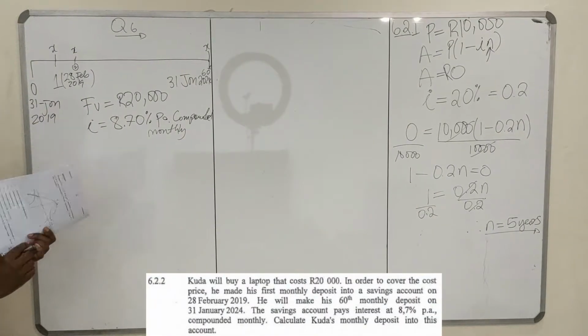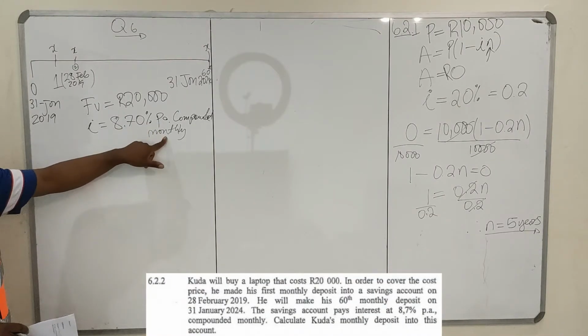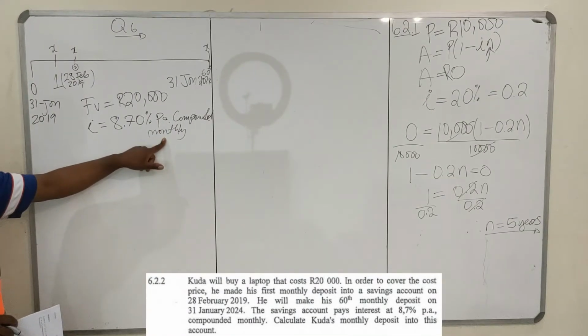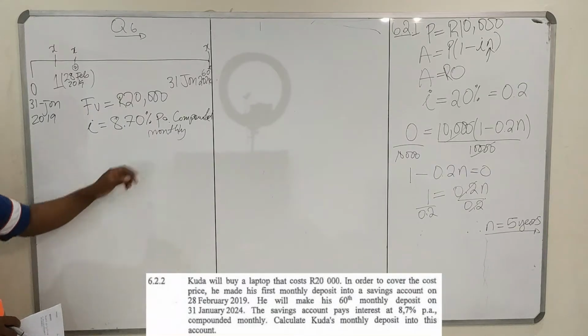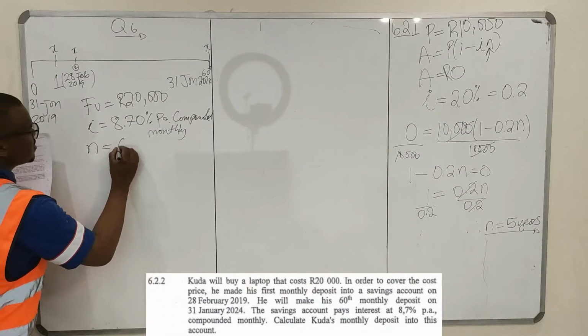This is the nominal interest rate, because see the quoted interest rate here is per annum, but you are earning interest per month. So the quoted interest rate and the compounded periods are not the same. So this is a nominal interest rate. And you know that the number of payments to be made is 60.